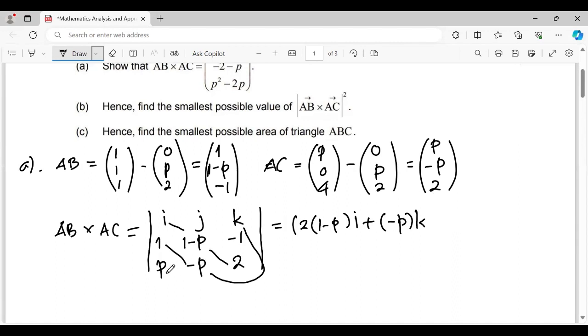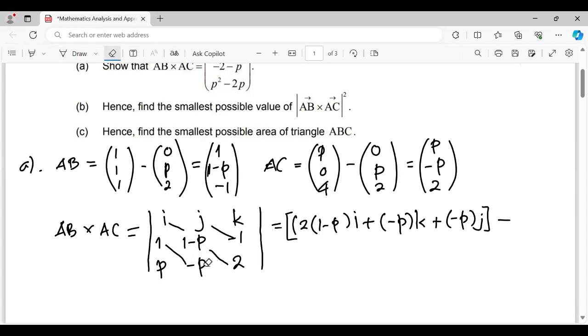After that, this p times minus 1 times j, so plus minus pj.